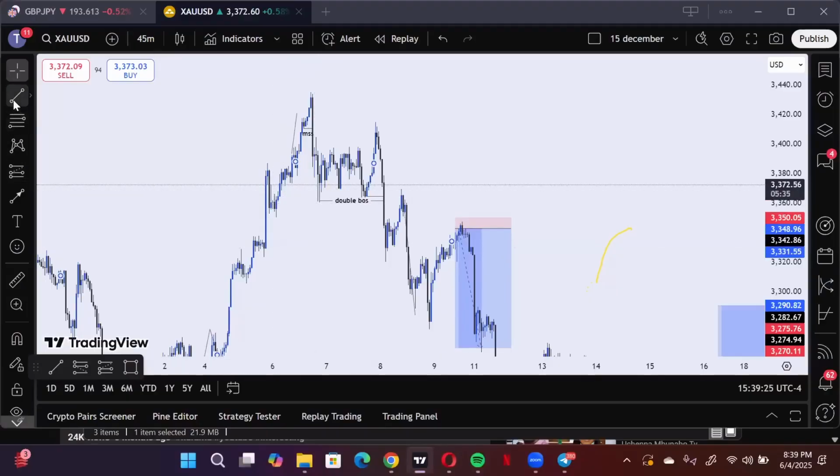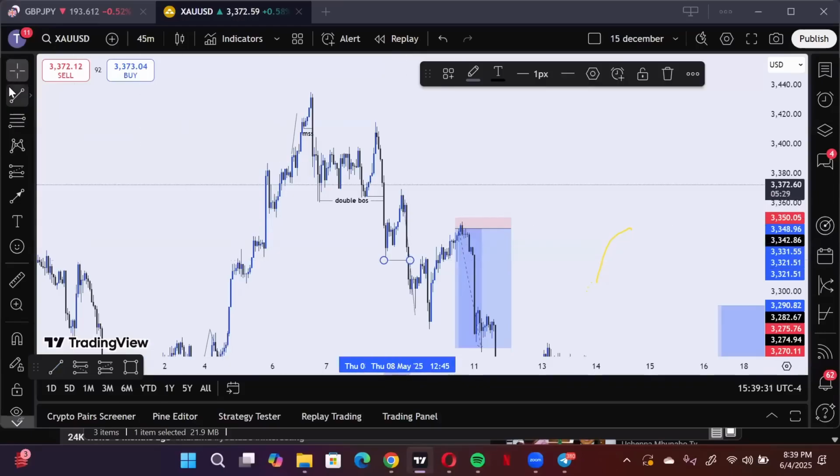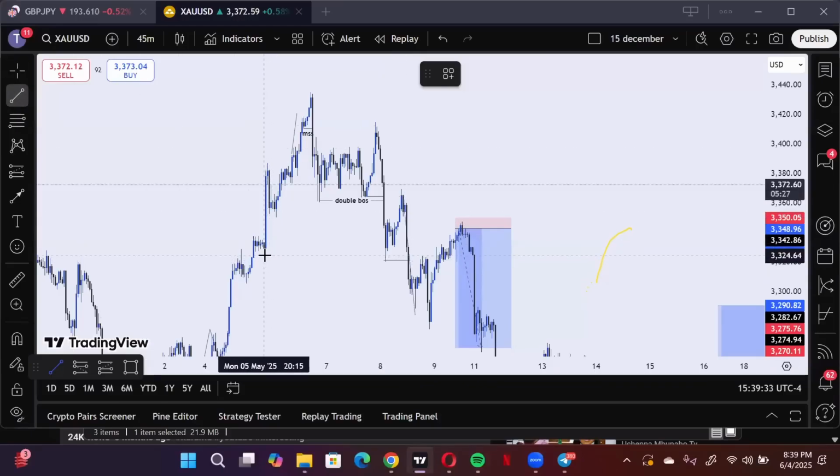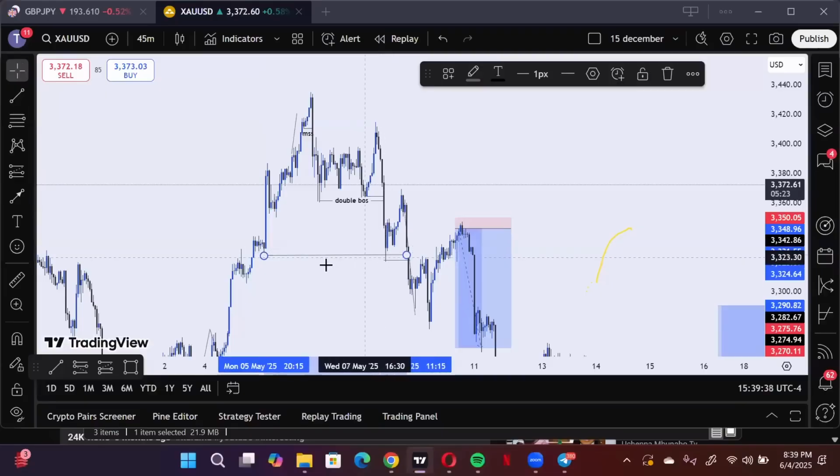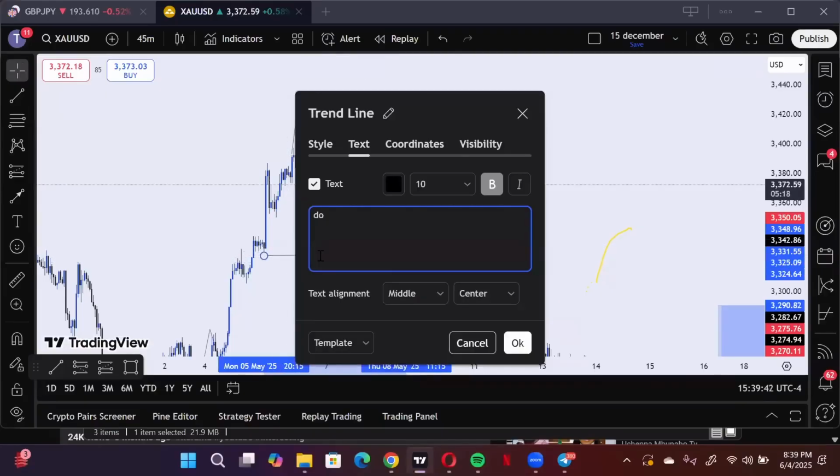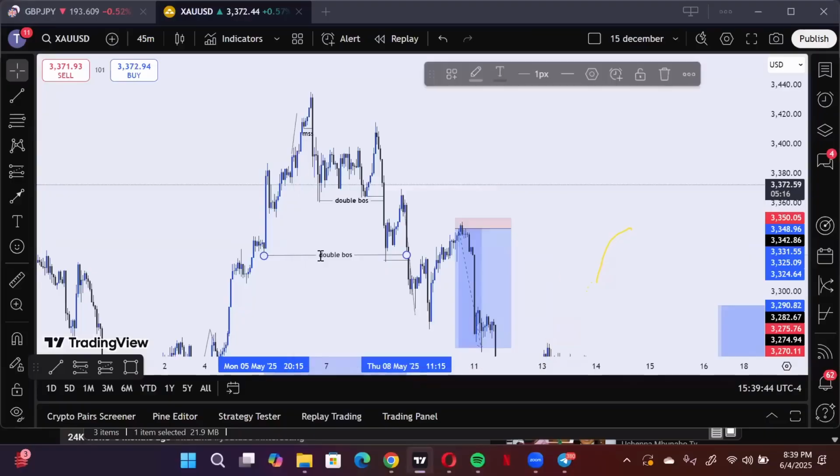Same as this, it took out this low, but there was also a previously existing low here. So it took out this and then this. So this is also a double break of structure.